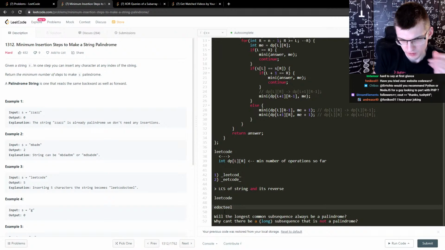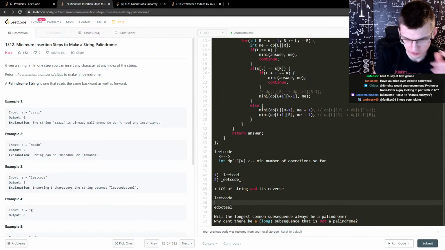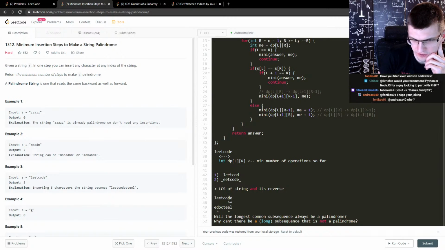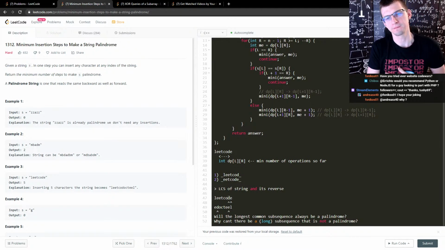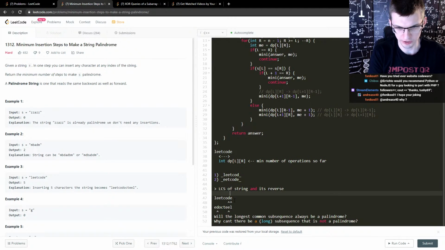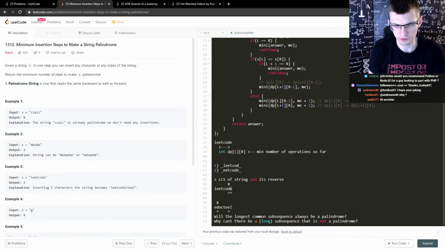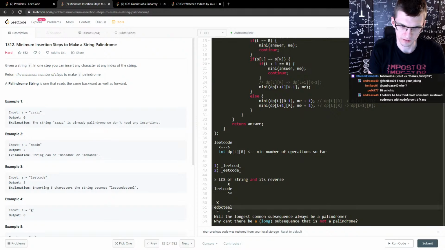Maybe because if you take any two characters, let's say D and E, and you also find them in the other string, then the fact that there is an E after this D means that there is something like that before this D. So this character, the one marked X here, the corresponding character in the reversed string is somewhere here, and because there was something to the right of it here, we can expand our choice in the bottom string as well, and the other way around.